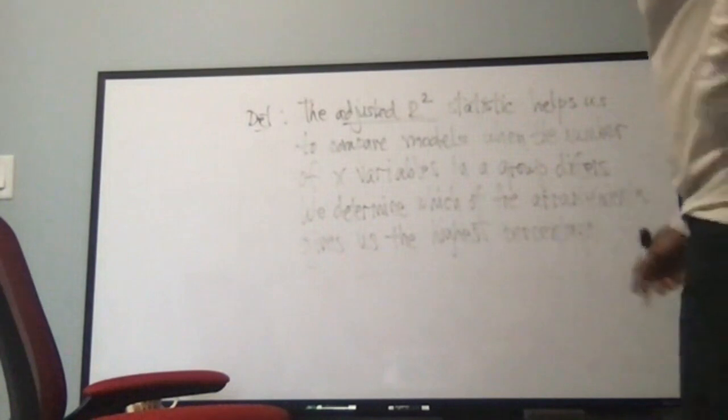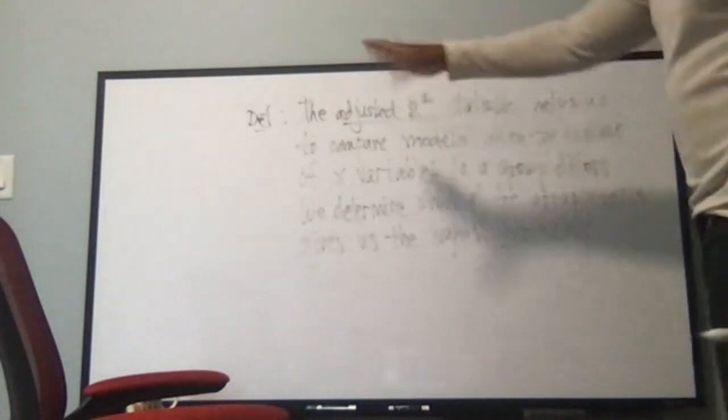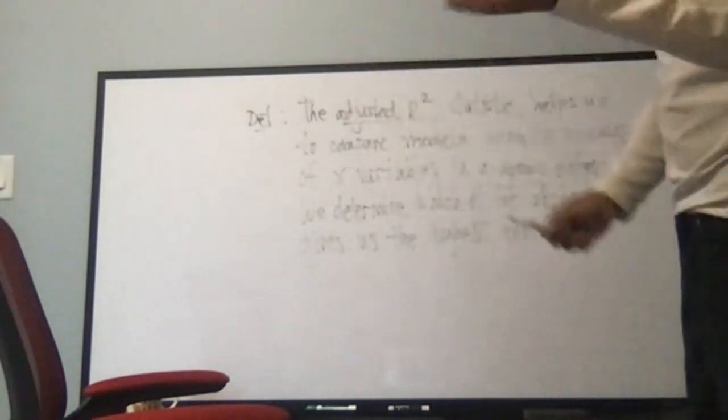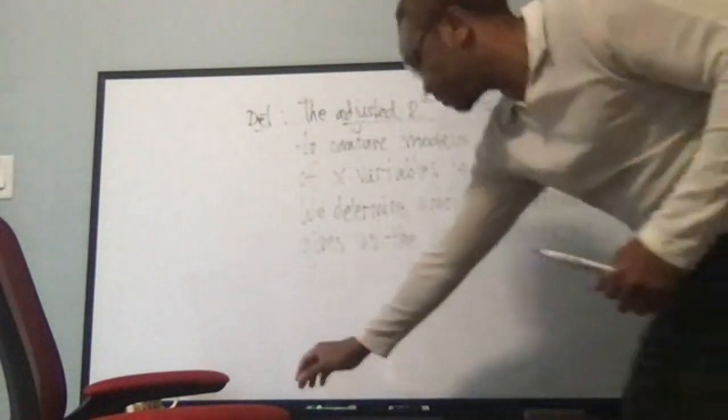Okay, so we're going to actually do this. We determine which of the arrangements, and all those different arrangements that I just erased, these are the different arrangements that come out of having those 3 variables. Which one gives us the highest percentage?